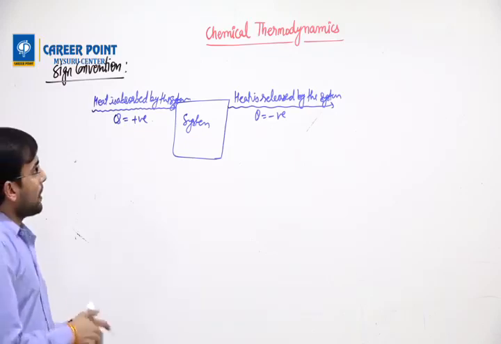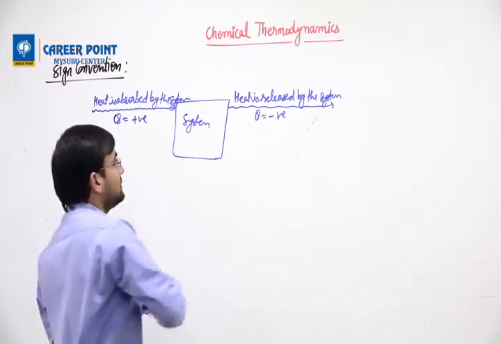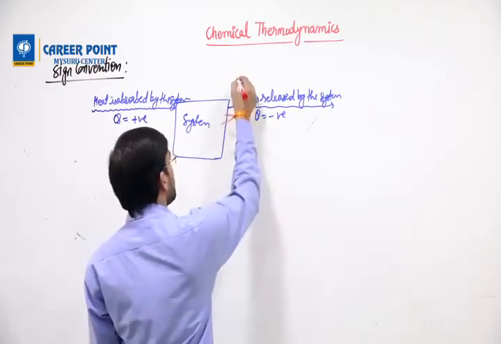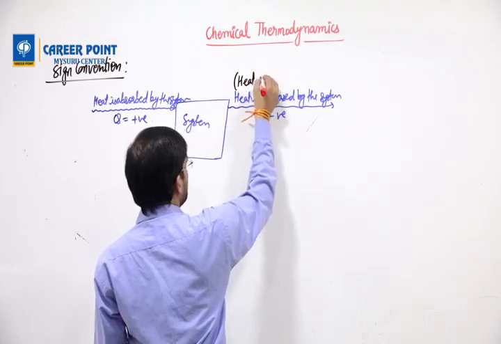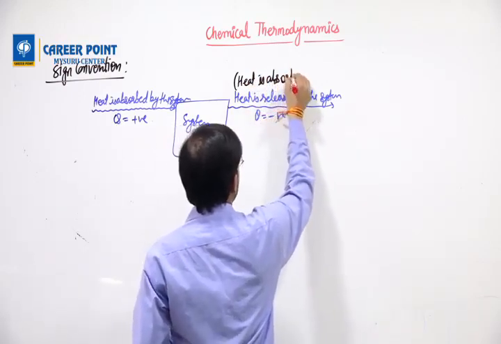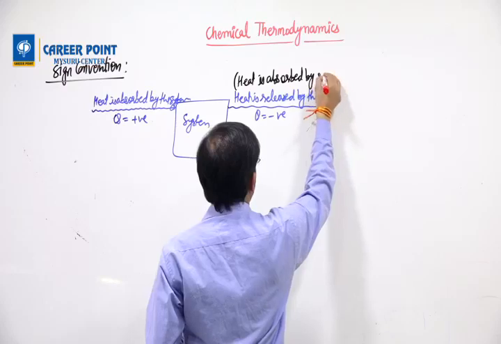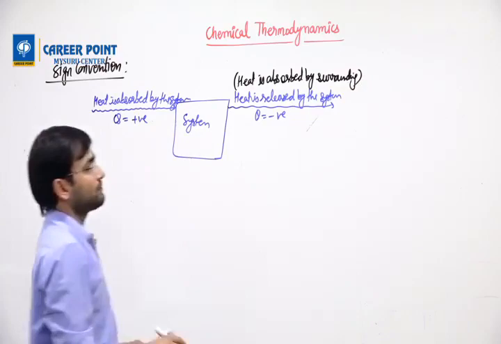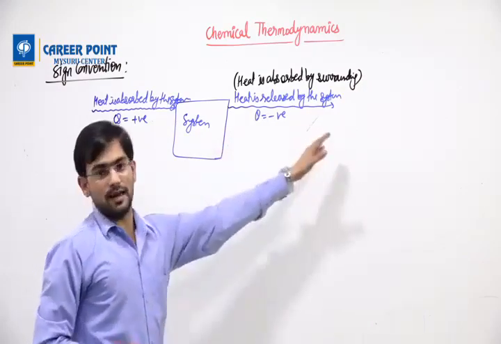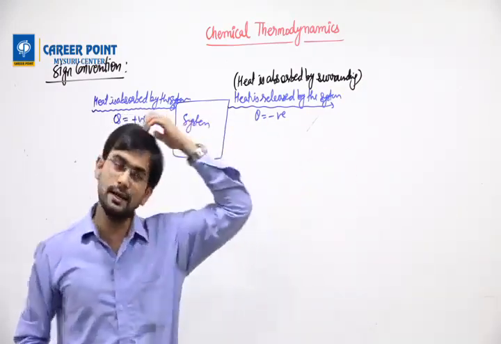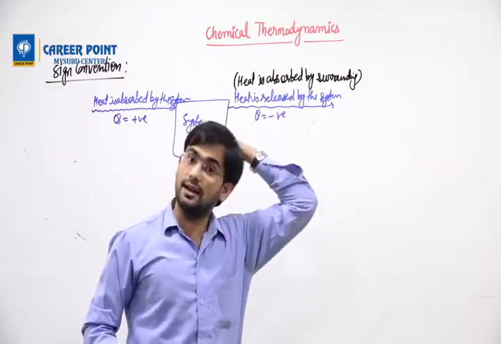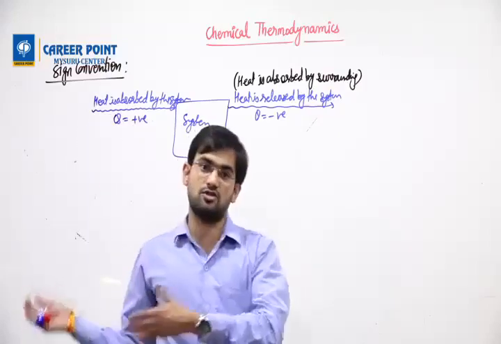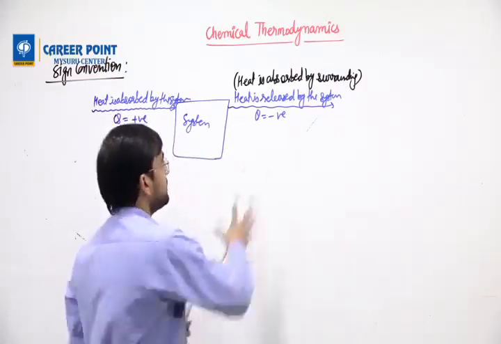But an important point here is this line could also be written in another manner. The other manner is heat is absorbed by surrounding. Heat is released by the system, system is losing energy. If I say heat is absorbed by surrounding, surrounding is absorbing heat coming from the system, so the Q will be the same.